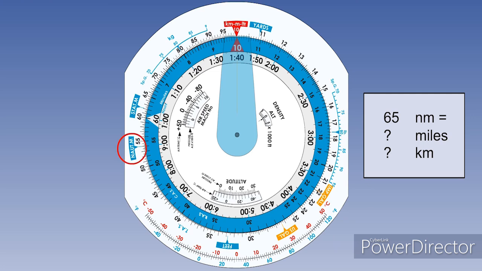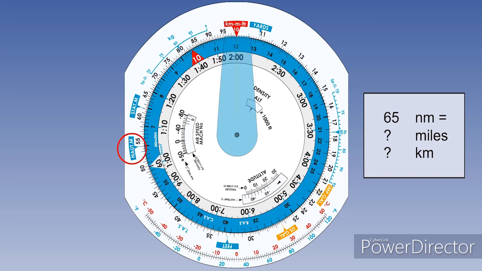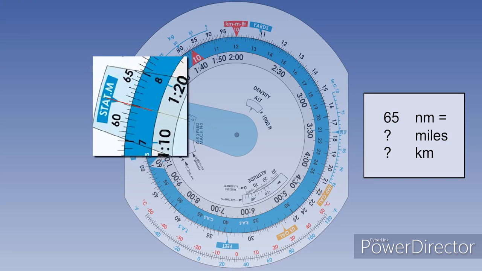Initially, place 65 on the inner scale under the blue naut-m index marker on the outer scale. We would advise that full use of the cursor is necessary for accuracy of alignment in this particular exercise. Move the cursor over the stat-m index marker on the outer scale and read off 75 on the inner scale.